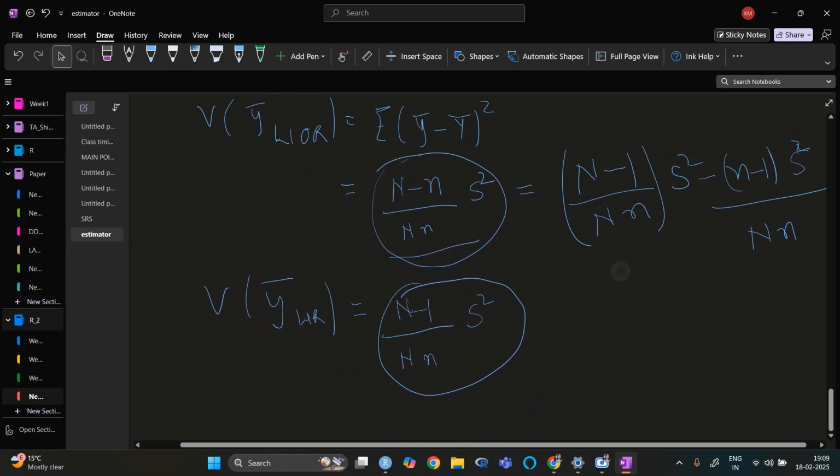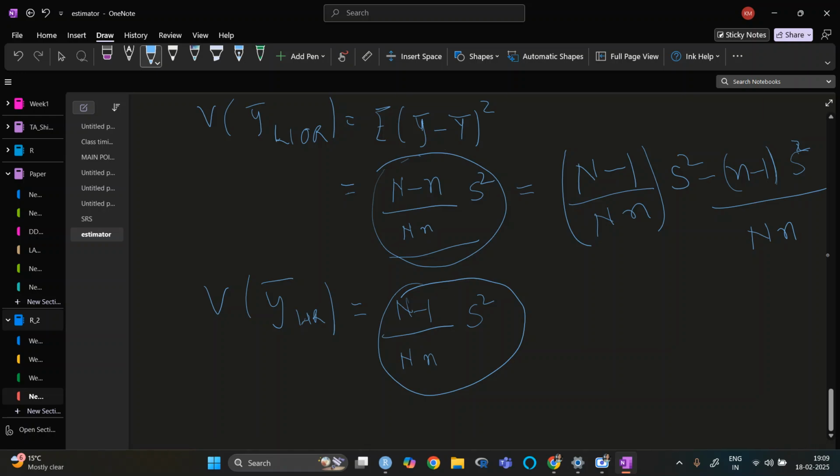With replacement it will be N minus 1 plus 1, and then minus n. So we can write the variability of y bar WR and y bar WOR as (N minus 1) S square upon N n minus (N minus 1) S square upon N n.